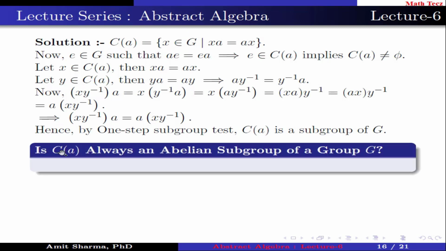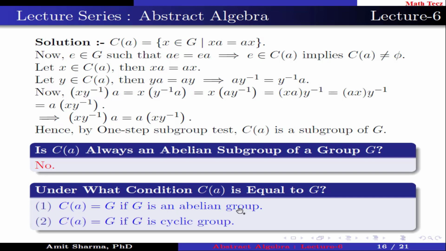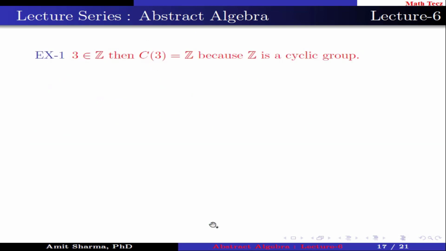Next, is the centralizer of a always an abelian subgroup of a group G? The answer is no. Under what condition is the centralizer of a equal to G? Number 1. The centralizer of a equals G if G is an abelian group. Number 2. The centralizer of a equals G if G is a cyclic group.